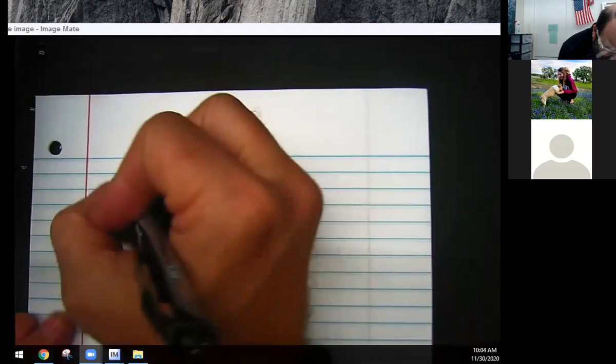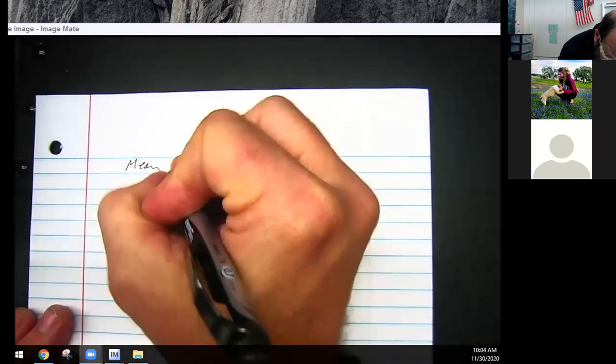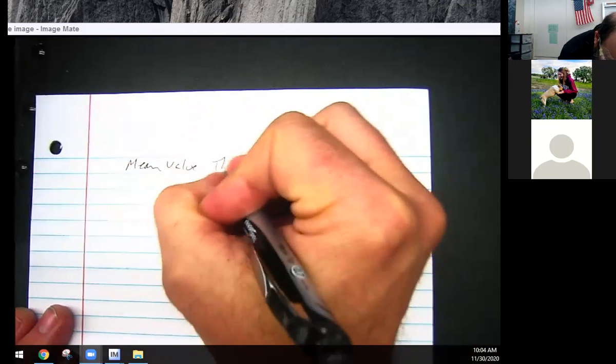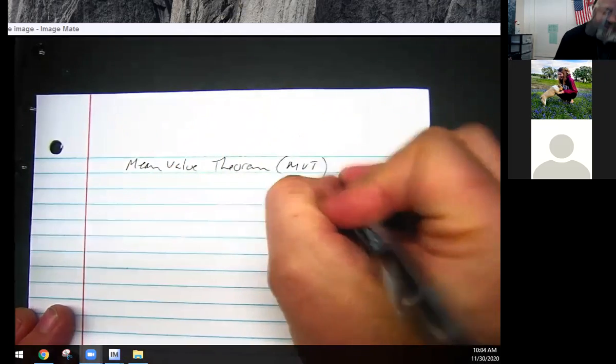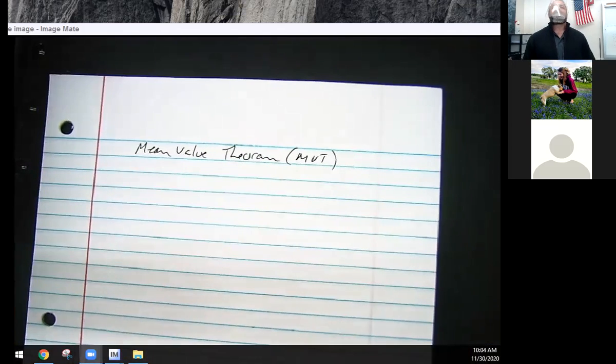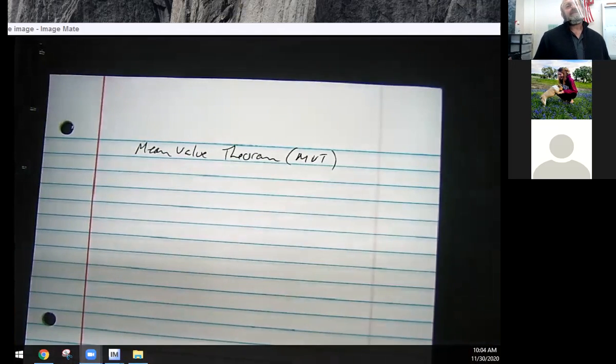And this is called the mean value theorem, everybody. The mean value theorem. On the test?